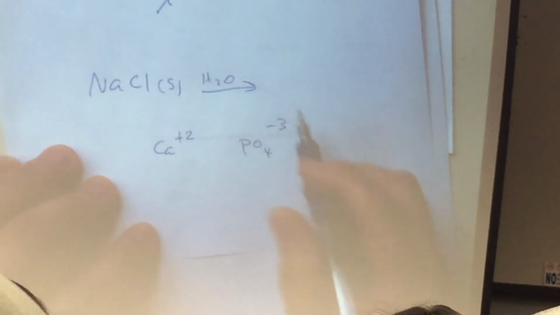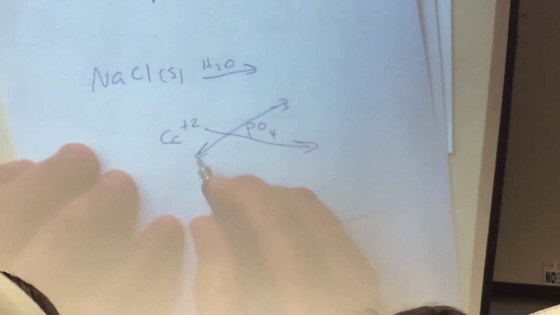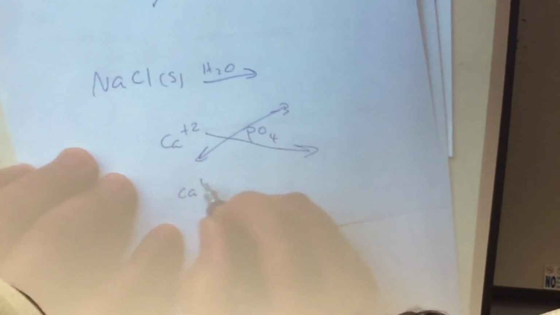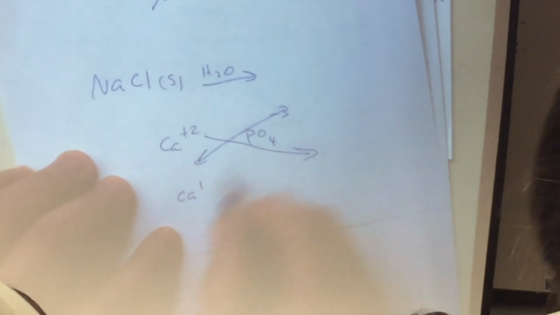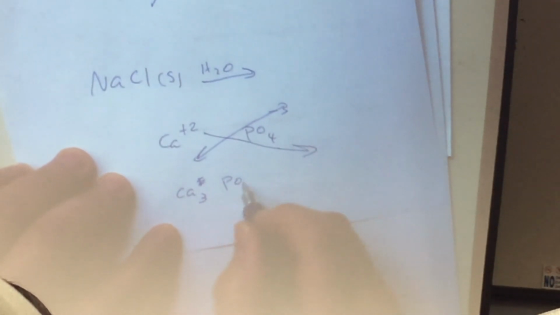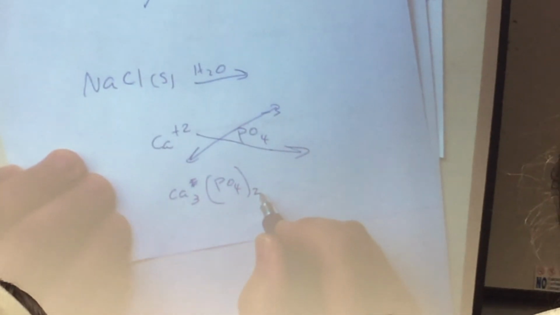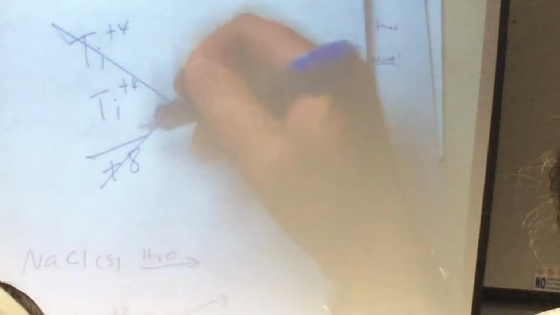Electrical neutrality. How many of each do you need? Ca is a +2, so the subscript becomes 3. And the PO4 subscript becomes a 2, because that's a real count.